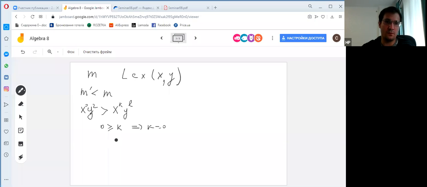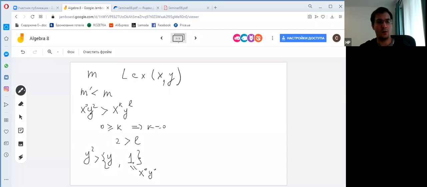And then 2 is bigger than l, so the only monomial which is smaller than y squared is y. We can also say that 1 is a monomial, equal to x in the 0, y in the 0 power. So there are two monomials, this and this, which are smaller than y in power 2. But that's all.